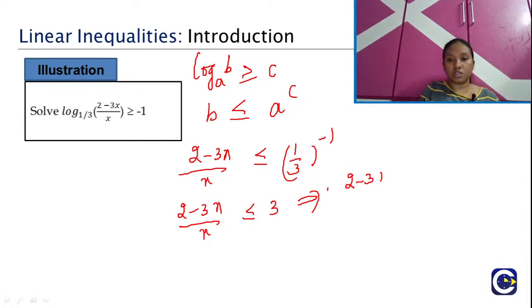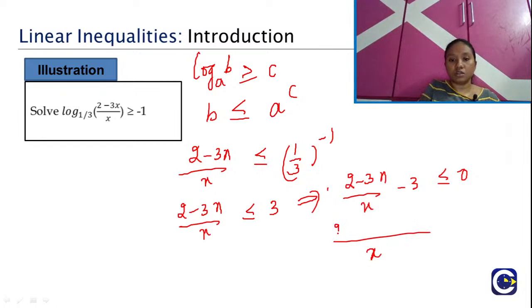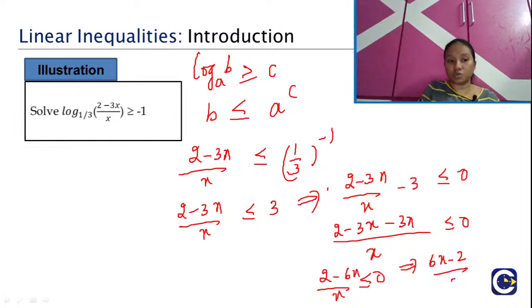(2 minus 3x) by x minus 3 less than or equal to 0. Taking x as the LCM, 2 minus 3x minus 3x less than or equal to 0, so (2 minus 6x) by x less than or equal to 0. To eliminate the minus, it will be (6x minus 2) by x greater than or equal to 0.